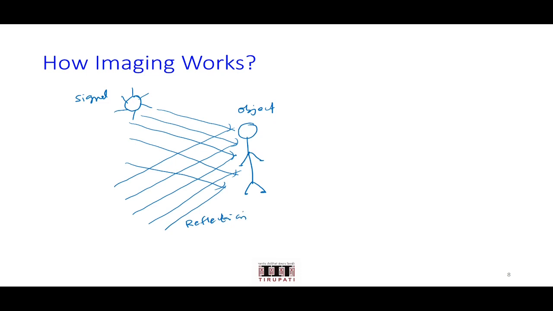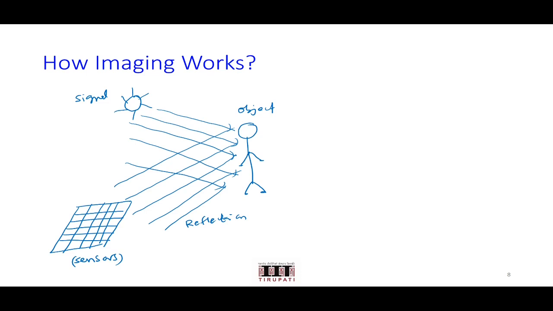The reflected light, you will have an array of sensors that would detect the intensity of light. So this reflected light is falling on this, so you have an array of sensors here, right? And depending on the light that is falling on it, you get the image of that.